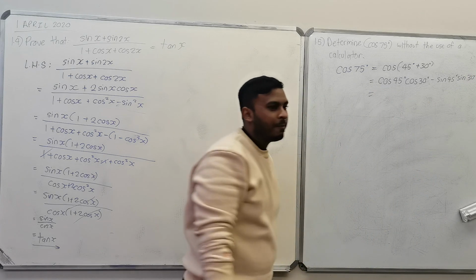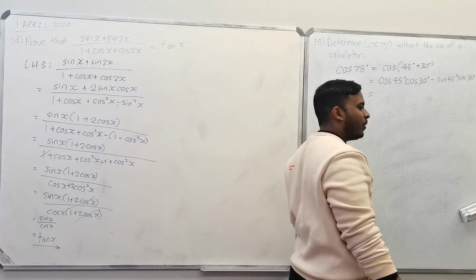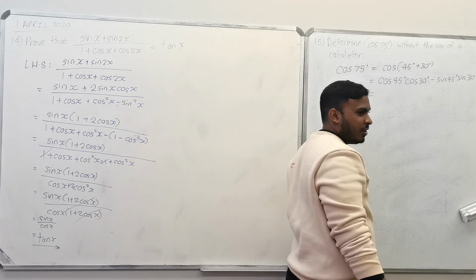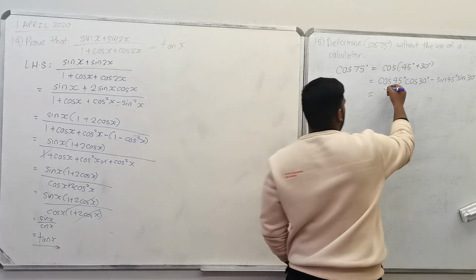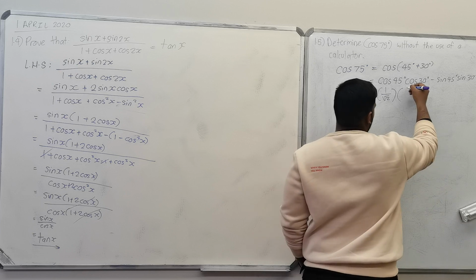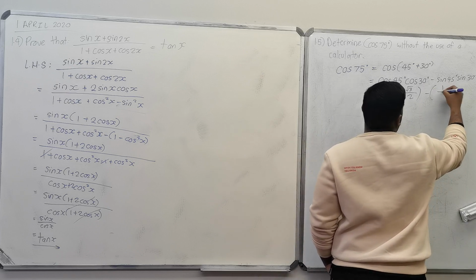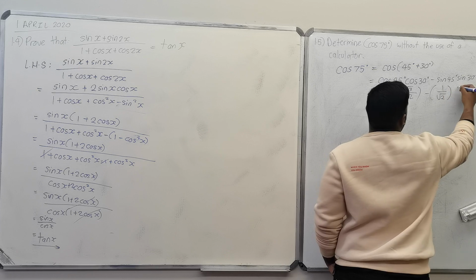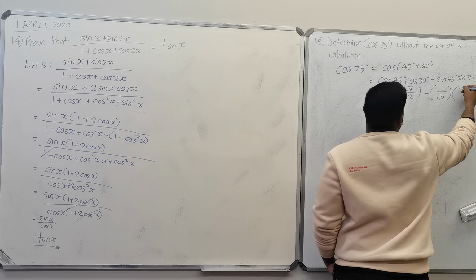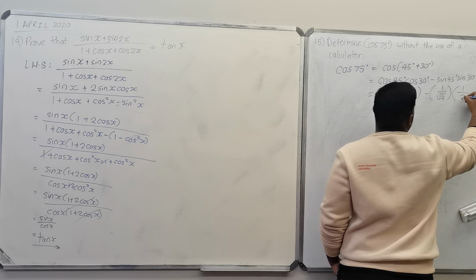Cos 45 is what? 1 over root 2. Cos 30 is root 3 over 2, right? Minus sin 45 will also be 1 over root 2, and sin 30 is 1 over 2.